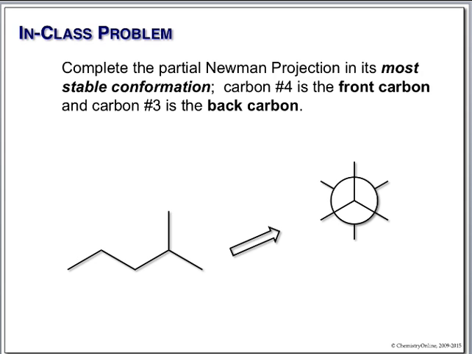We are told that carbon number 3 is the back carbon, so we have to somehow number this. If carbon number 3 is the back carbon, carbon number 4 is the front carbon. So this is going to be carbon 4, and the big ball in the back is carbon 3.